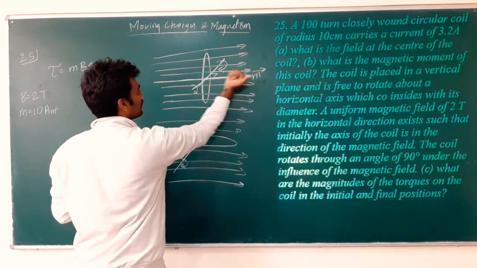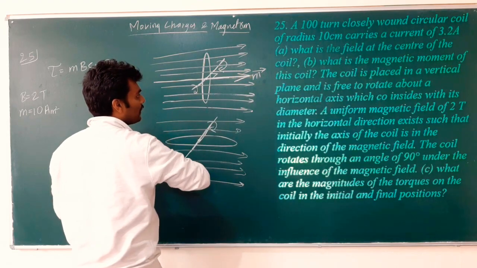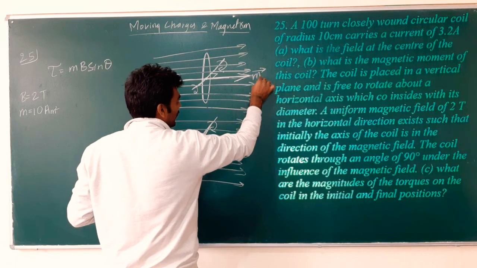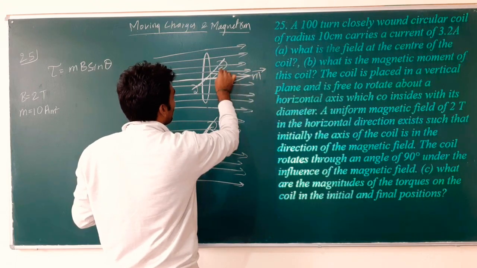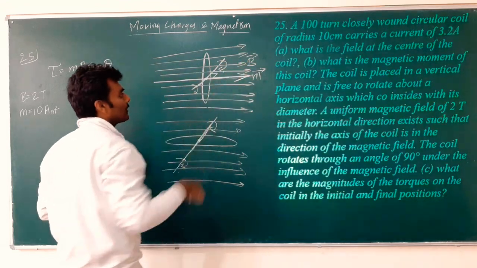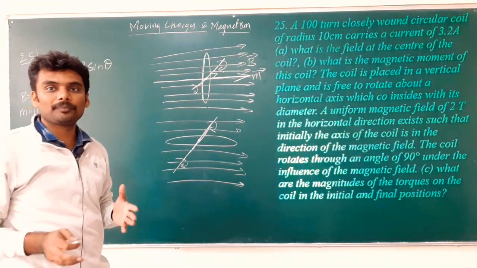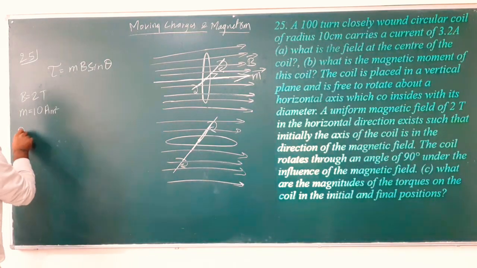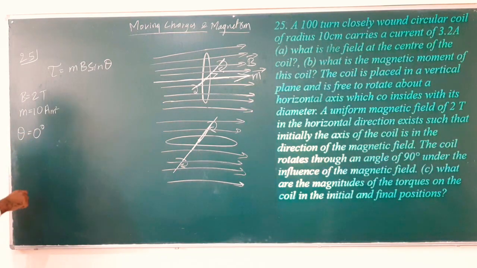You all know that, right hand thumb rule. And now in the first situation, the direction of m and the direction of B, the external magnetic field, are the same, which means the angle between them is 0 degrees, isn't it?